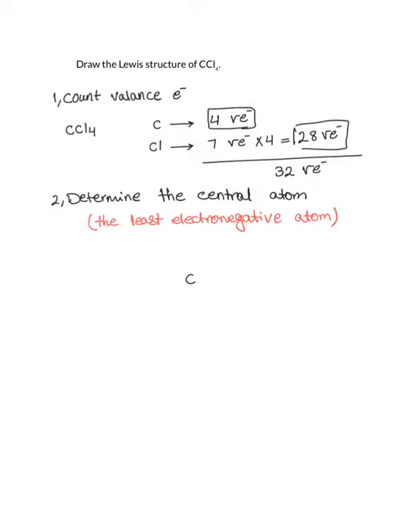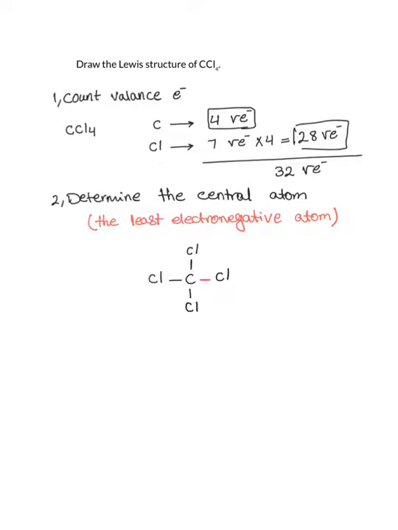To add those chlorines to the central atom, I use a bond and connect each chlorine with a single bond to the central atom. So each bond accounts for 2 electrons. I used 1, 2, 3, 4 bonds to connect those chlorines to the central atom.